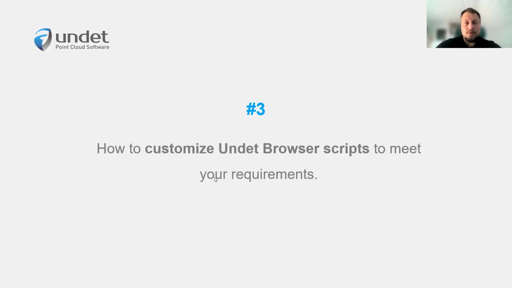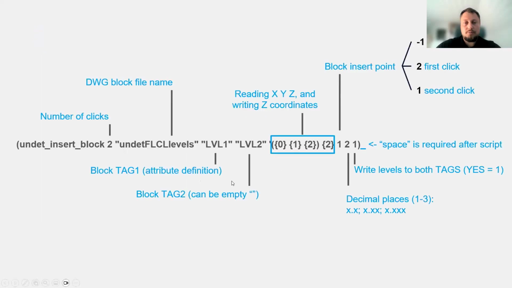Okay, so if you will take a look to Undet script, at the beginning it seems complicated, but if you will start to look more carefully, it's very easy to change and adapt to your styles. So in general, there's parameter where you need to choose how many clicks you will use.